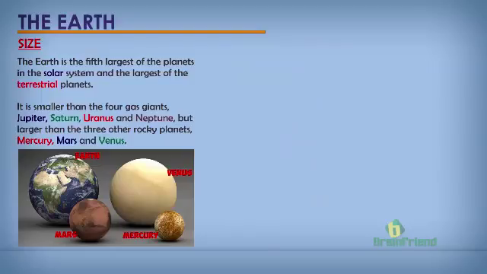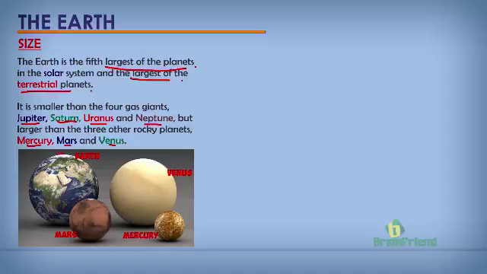The Earth is the 5th largest of all our 8 planets in the solar system, and it is the largest of the terrestrial planets. It is smaller than our 4 gas giants, Jupiter, Saturn, Uranus, and Neptune, but larger than the other 3 rocky planets, which are Mercury, Mars, and Venus.